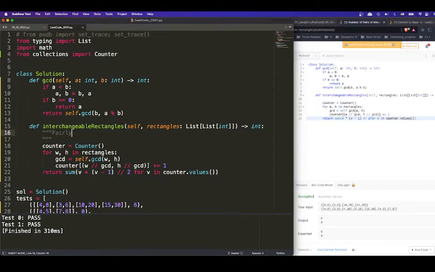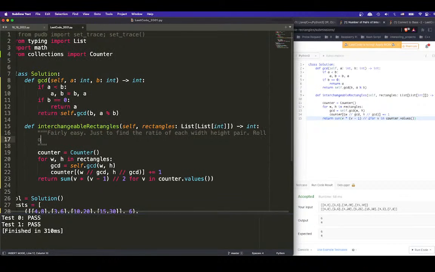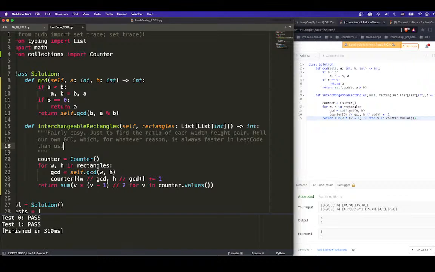Fairly easy, right? Fairly easy. Just find the ratio of each width, height pair. Roll our own GCD, which for whatever reason is always faster in LeetCode than using math.gcd.